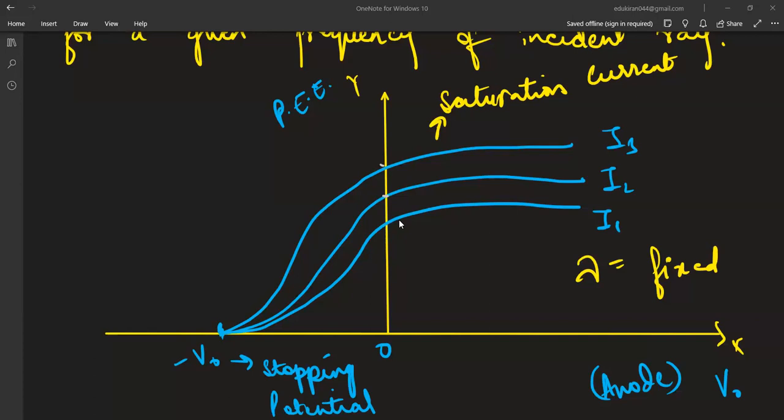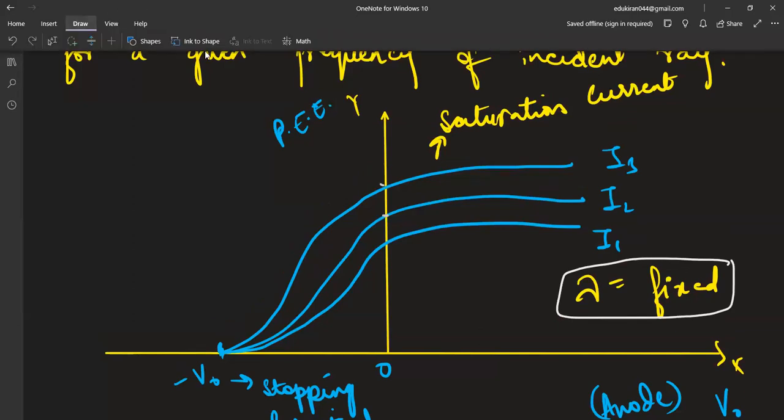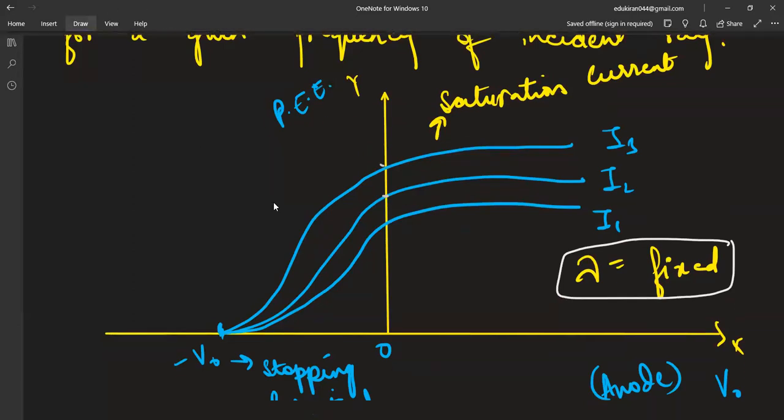Let's say the first one: intensity came, frequency was fixed. Remember, frequency is fixed. It was observed that the current increases and reaches a certain value. And when you increase it further, the potential's value on the graph is minus V0, let's say. Then again, the intensity was increased.